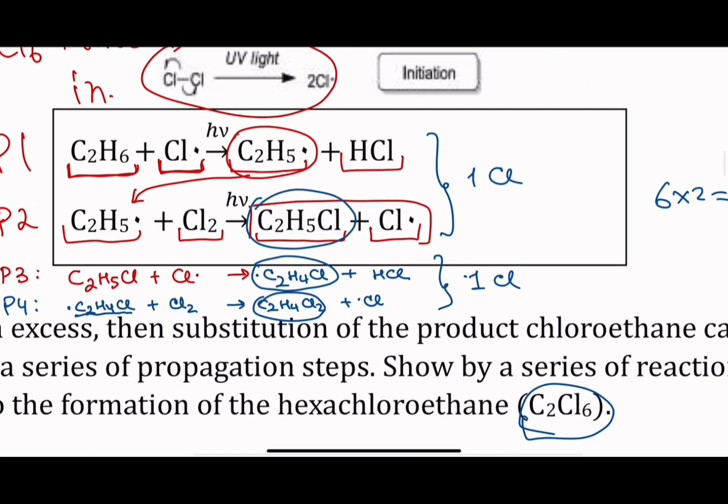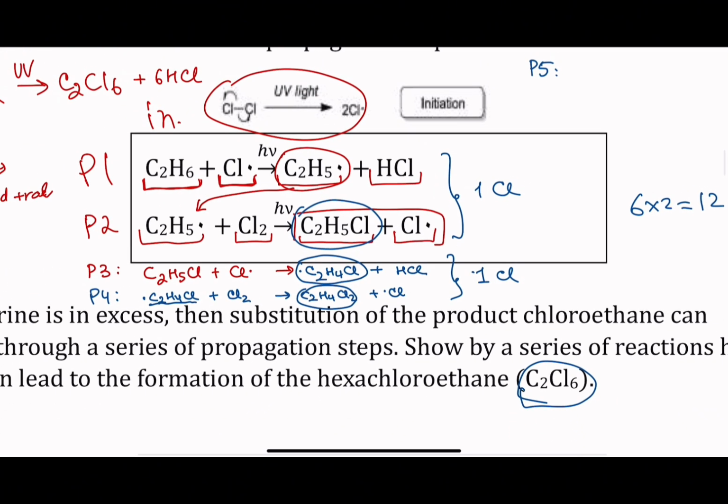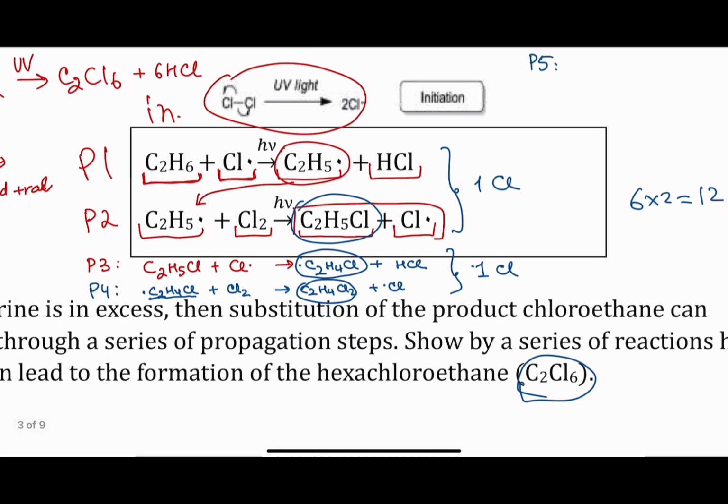So P5, look at the P5. I'm going from P4. Sorry, look at the odd steps. Odd steps, I only take the radical and I plug it into the next propagation step.